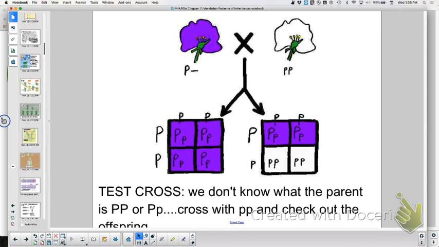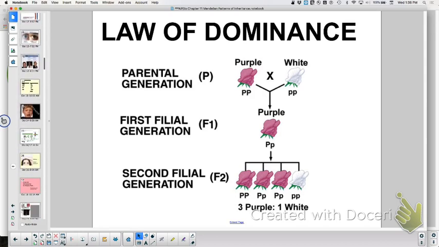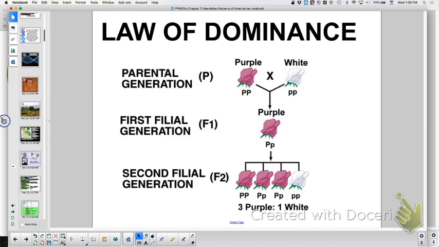Okay, going way back. There are 3 laws we're going to know. Law of dominance: one trait or factor can be dominant over another. For example, tall plants are dominant over short plants. Law of segregation. When does segregation take place?